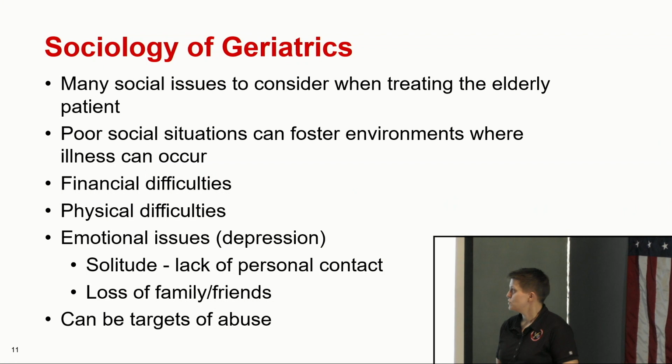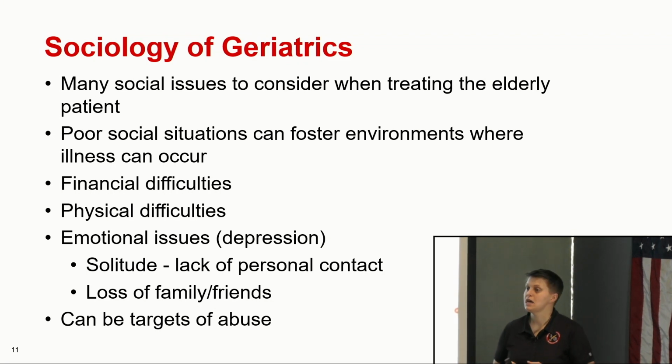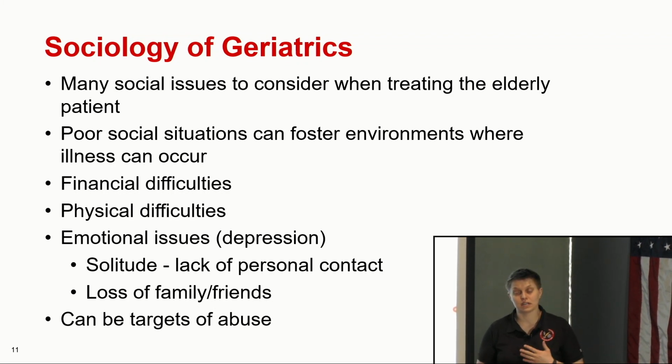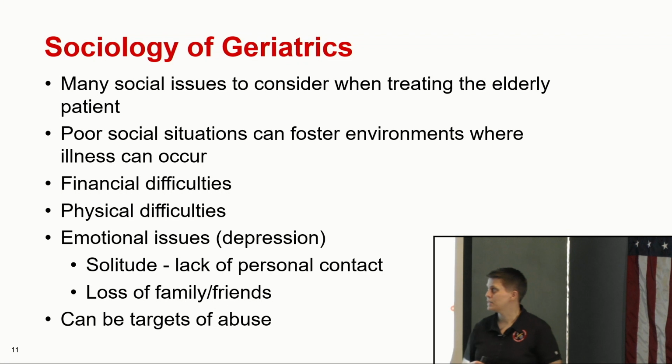There are a lot of social issues to consider when you're thinking about your geriatric or elderly patients. Some of the social situations may be more limited or difficult for those patients, and the living situation, so living in a care facility or a communal facility, may actually foster an environment where certain illnesses can occur more frequently. We've already discussed financial difficulties.